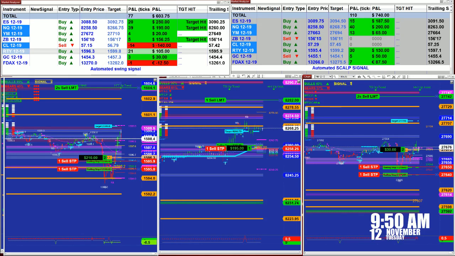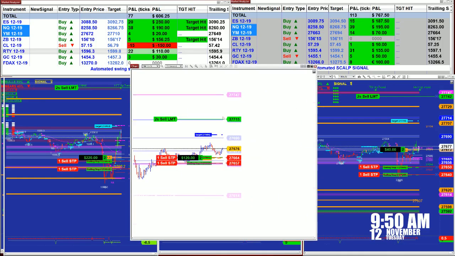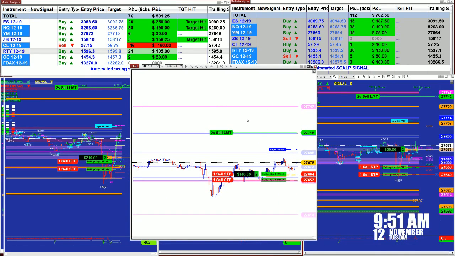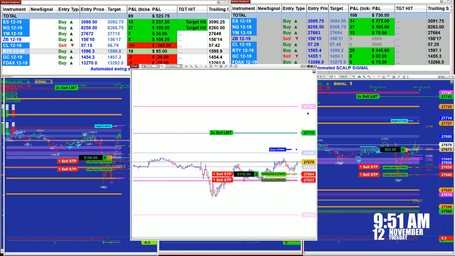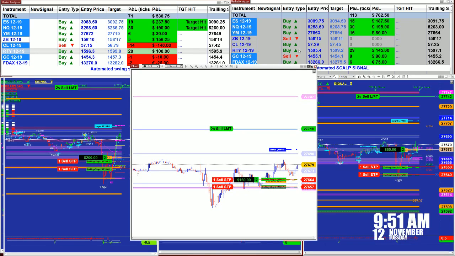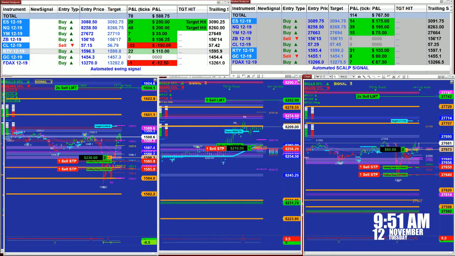On that we use white charts for the scalper, and as you see, this is an example on YM, it has entered the market and now is climbing to the target. This is coming from the scalping. So the white charts are the scalping and the blue charts are the swing trading based on 1 minute.